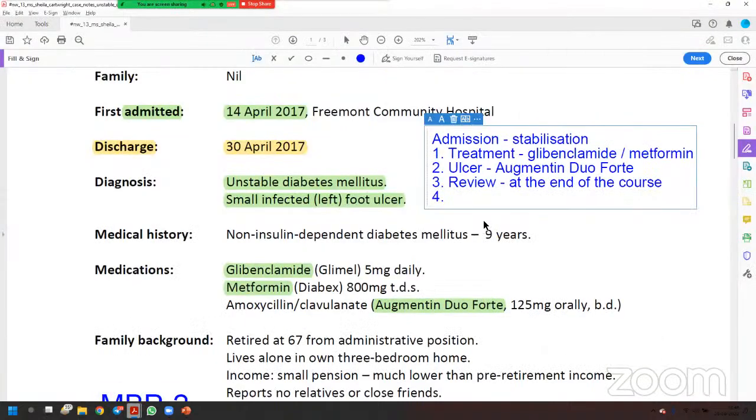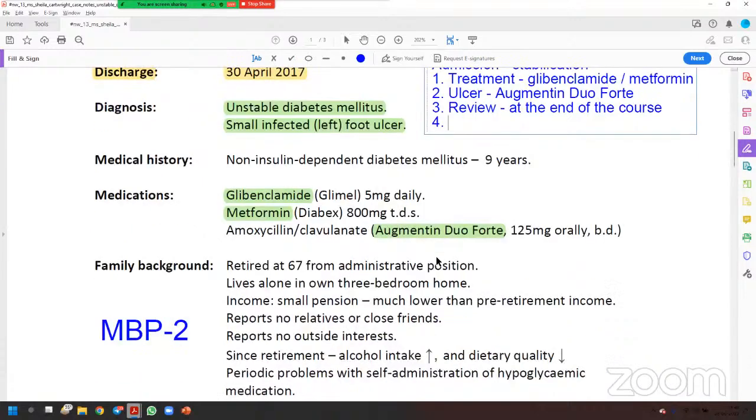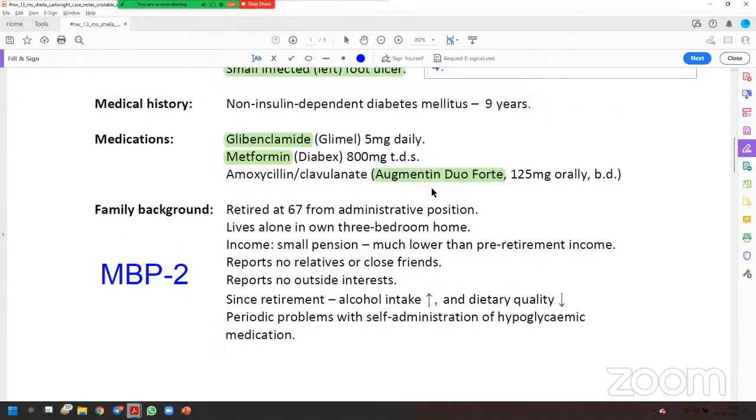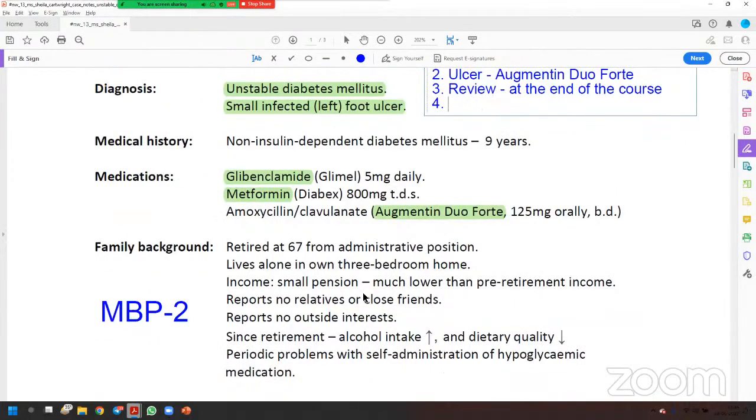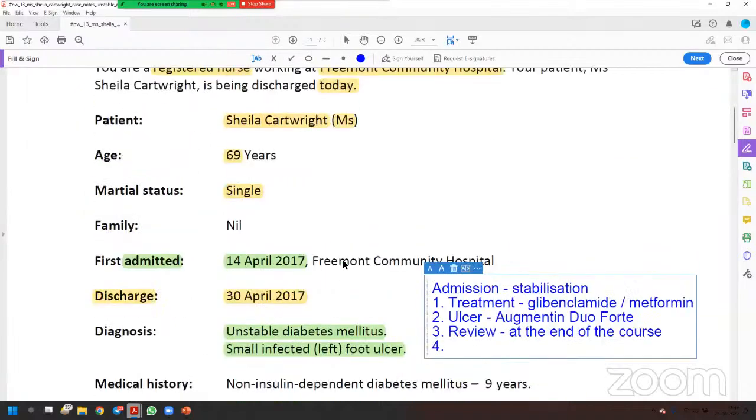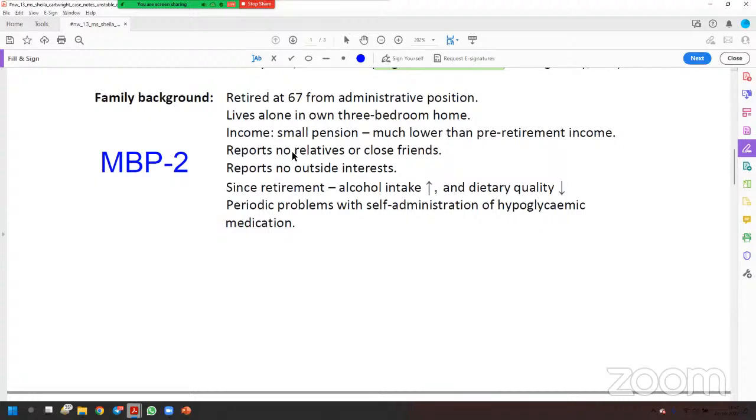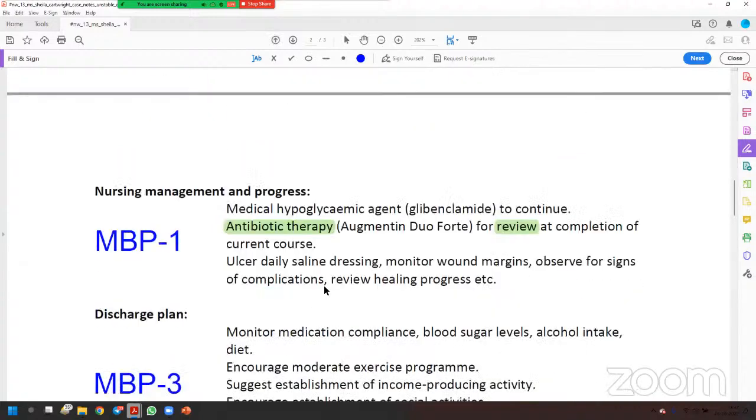Fine. Then what else you can talk about this one is, you see here, this is ulcer daily saline dressings. Ulcer daily saline dressings, they were provided. And a review healing process. So you can take this one. Observe for signs of complications. You can take this point.